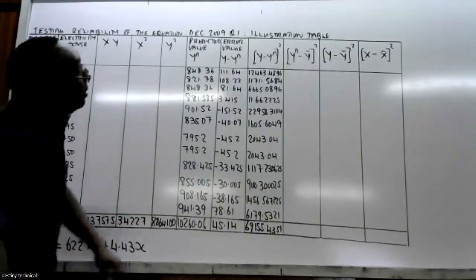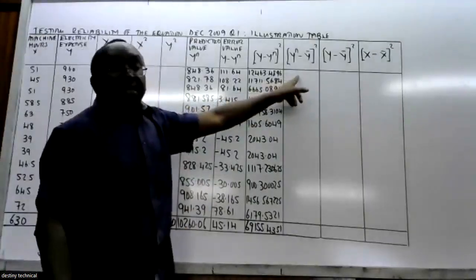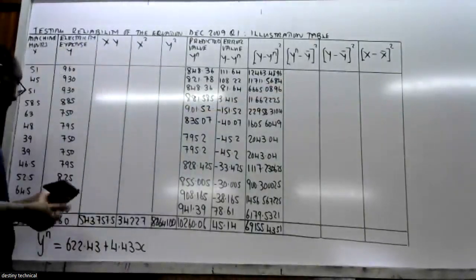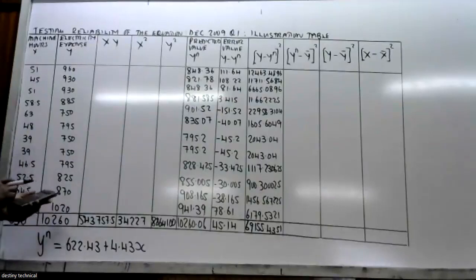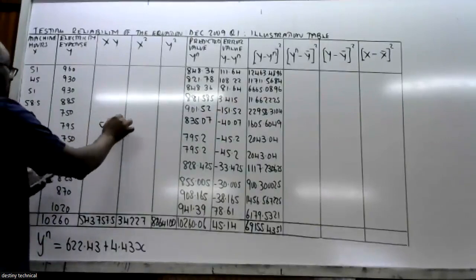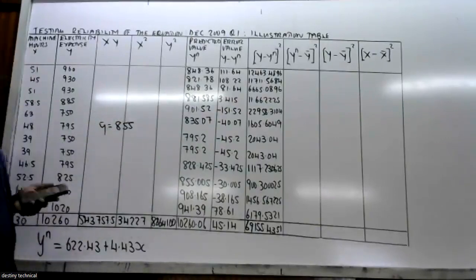Hii column nayo inasema you get the predicted, you minus the y bar. If you remember, our y bar, it was 10 to 60 divided by 12. Ilikuwa 855.